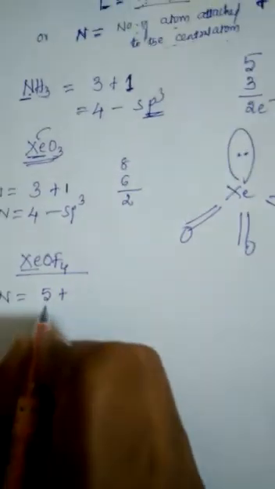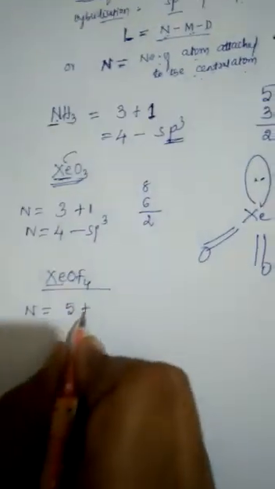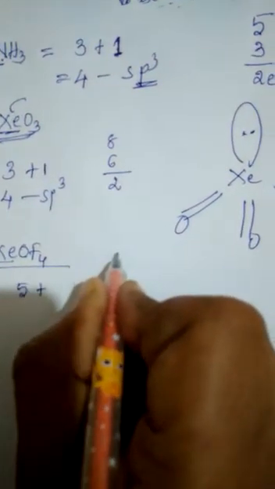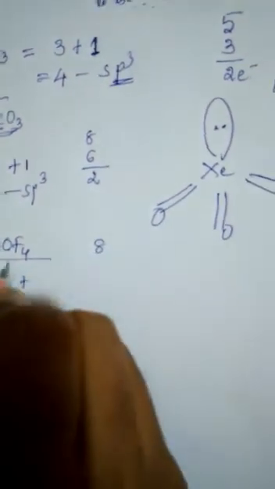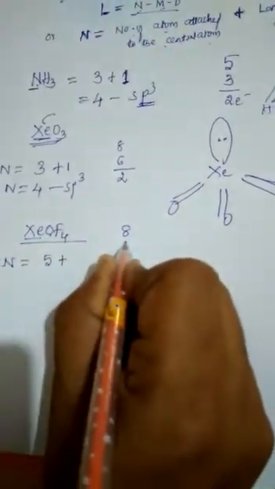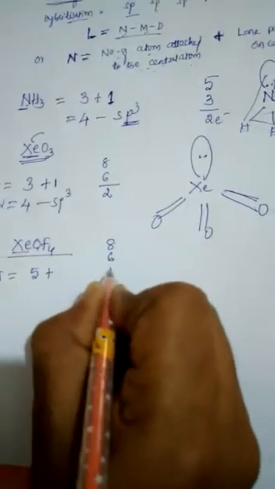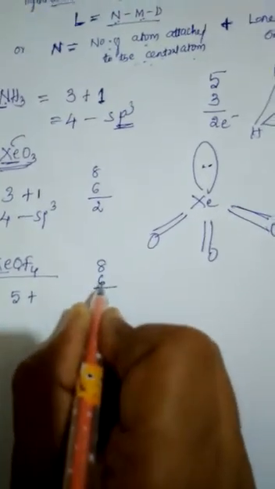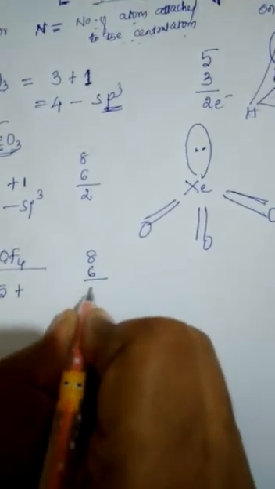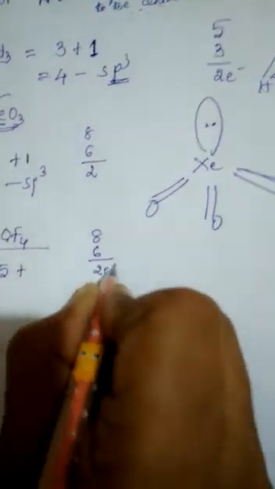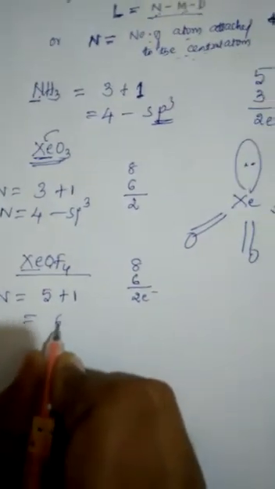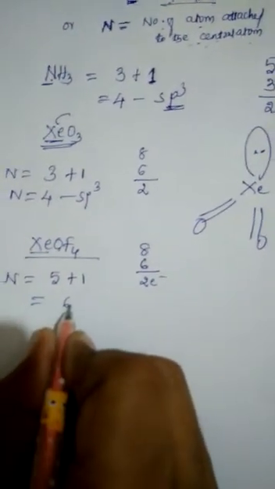To find the lone pairs of electrons on the central atom: xenon belongs to the noble gas group 18, with 8 valence shell electrons. For 1 oxygen, 2 electrons; 2 plus 4 is 6. Now 2 electrons are remaining, which makes one pair. 5 plus 1 is equal to 6. If the value of n is 6, it is sp3d2.